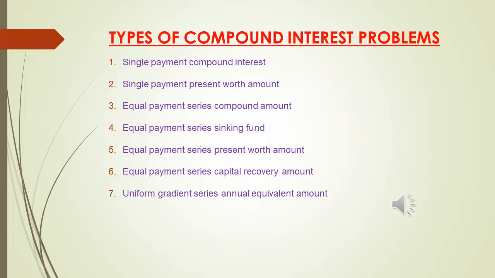There are types of compound interest problems. These are the types: first, single payment compound amount; second, single payment present worth amount; third, equal payment series compound amount; fourth, equal payment series sinking fund; fifth, equal payment series present worth amount; sixth, equal payment series capital recovery amount; and uniform gradient series annual equivalent amount.